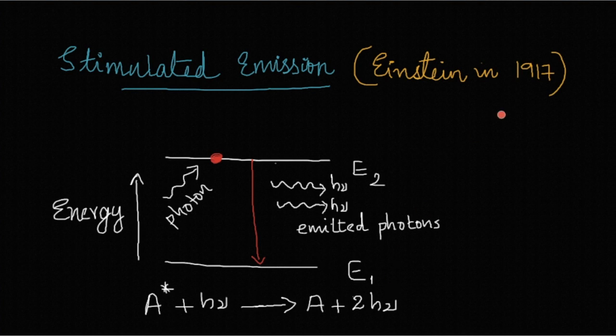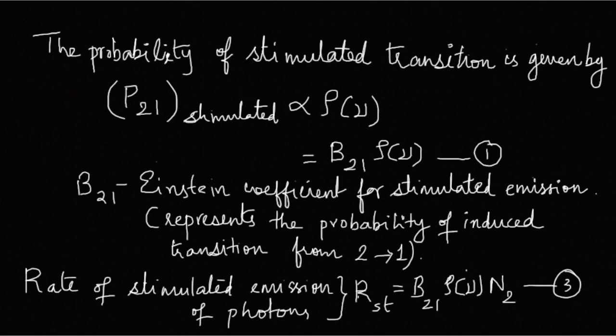Now let's see the probability for this reaction to occur. The probability of stimulated transition is given as P21. 21 is given as subscript indicating that the transition is from the second level to the first level. So that is proportional to rho of nu, and we may write that as equal to B21 into rho of nu.